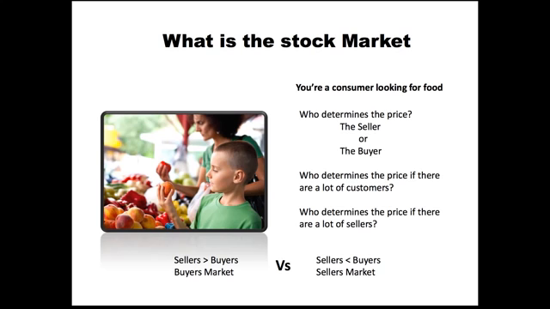And so when you understand that the value of something is only what people are willing to buy and sell it for and meet in the middle, you can start understanding how markets really work. And so how would the price of that peach change if we changed the sellers? Let's say that we had 5 different peach vendors all lined up next to each other, and we still had the same number of consumers, which would be the little boy and his mother here, and each vendor wanted to sell their peach.